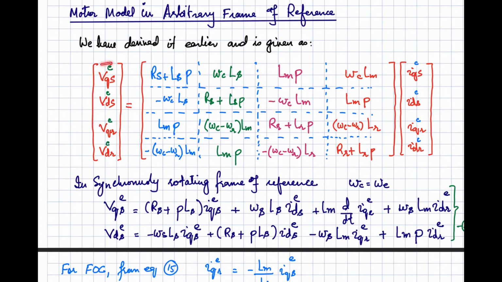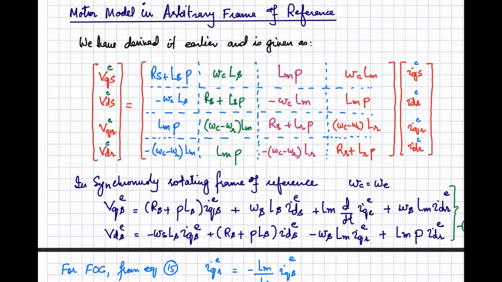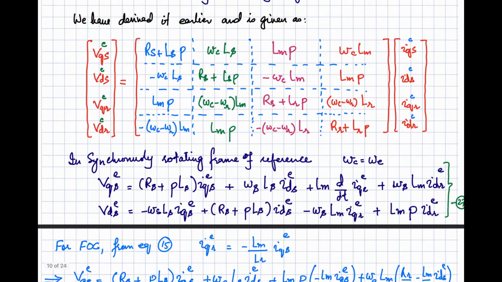Now let's take these two equations, these rows, basically this part will be used for the stator side Q and D axis voltages. So in the synchronously rotating frame of reference, where the speed is equal to the synchronous speed, we will be replacing this omega c with omega e, because this is the equivalent circuit in the arbitrary frame of reference.